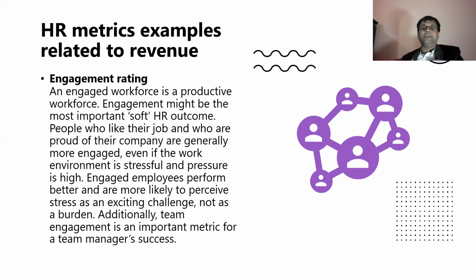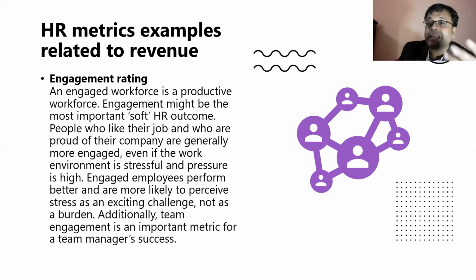Engagement rating is a very soft outcome, but how engaged are these employees? How can you understand? If they feel at home, they are very much engaged, very much motivated.